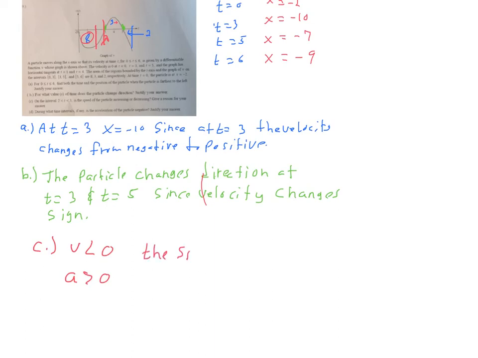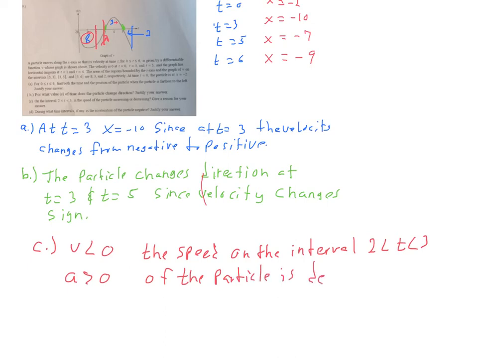The speed on the interval 2 is less than t is less than 3 of the particle is decreasing, since v is less than 0 but increasing, or the acceleration is greater than 0. So the velocity is less than 0, but it's becoming less negative, so the velocity would be increasing.